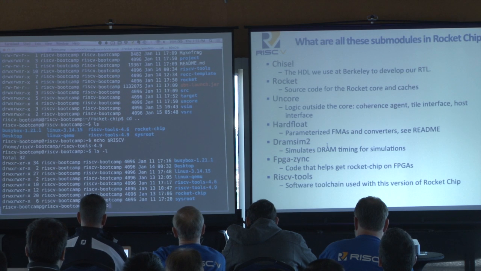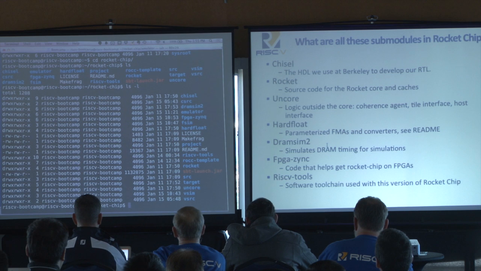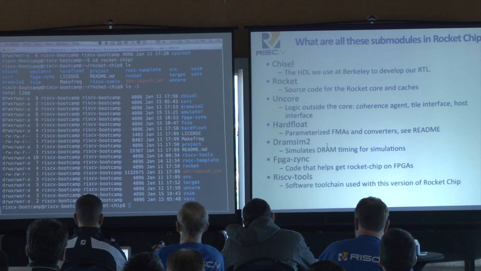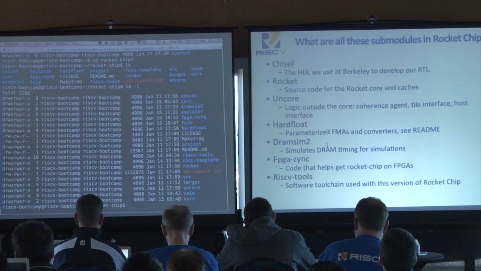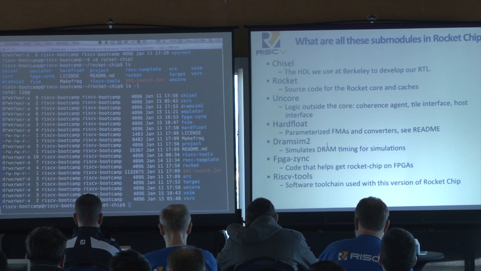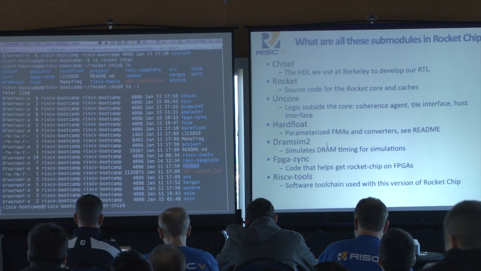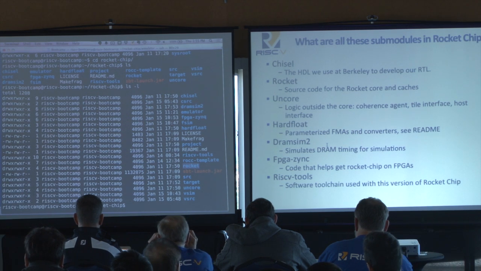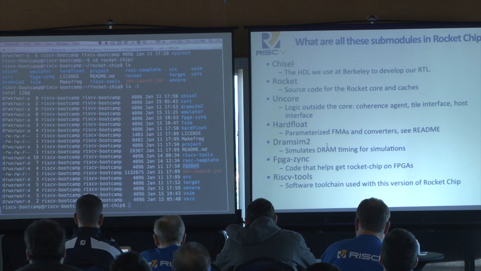If we go into the RoCC directory, we see a lot of files. Here's a quick overview of everything in this repository. Chisel is the hardware description language used at Berkeley for our RTL. First, the submodules. RoCC is the core, including caches.